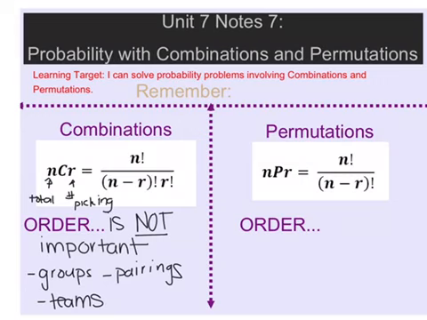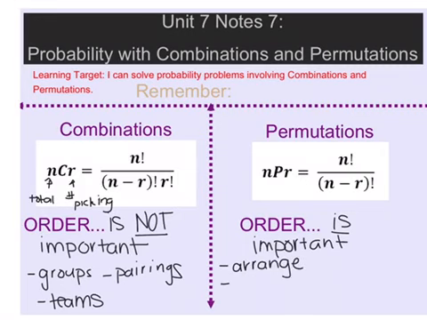Permutations are when order is important. Keywords that help us determine a permutation are arrange, rank, or line up.